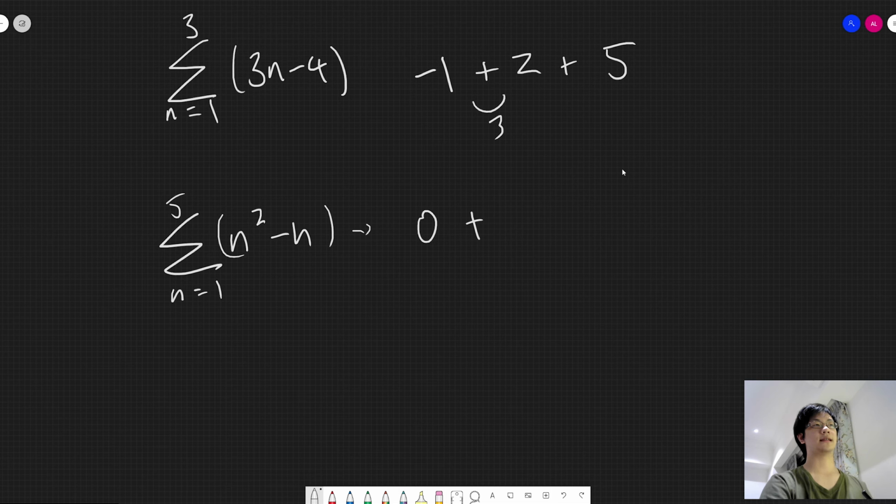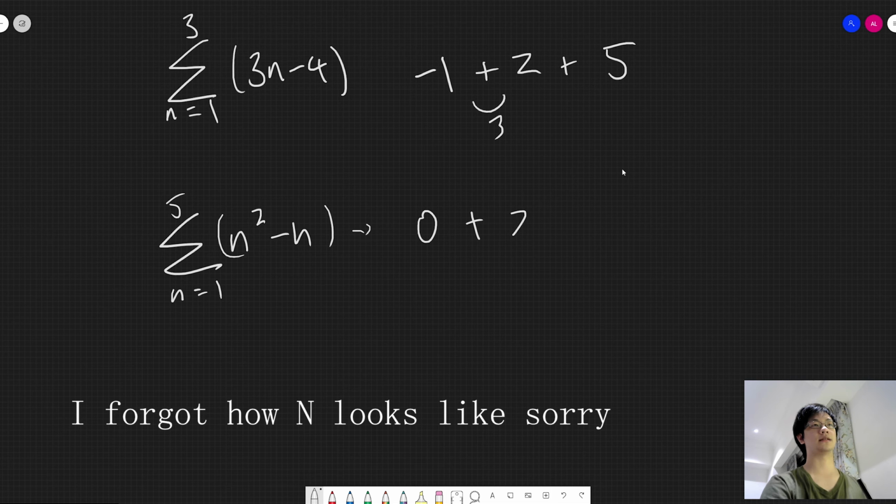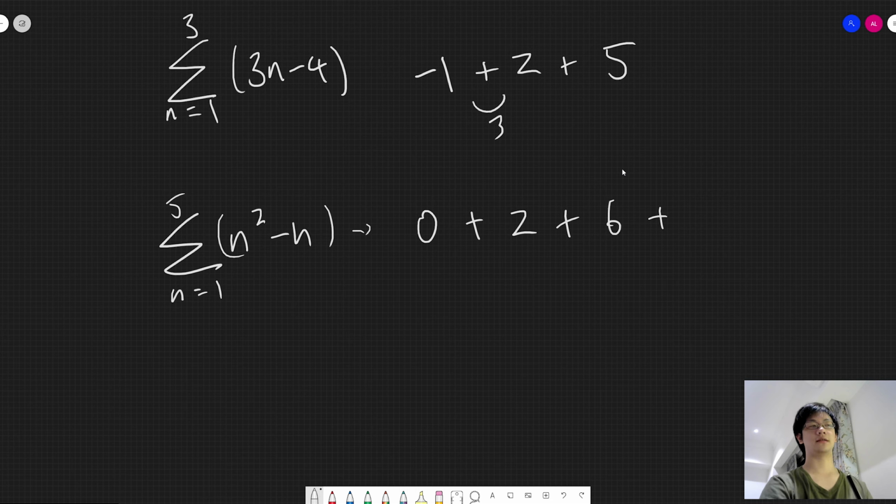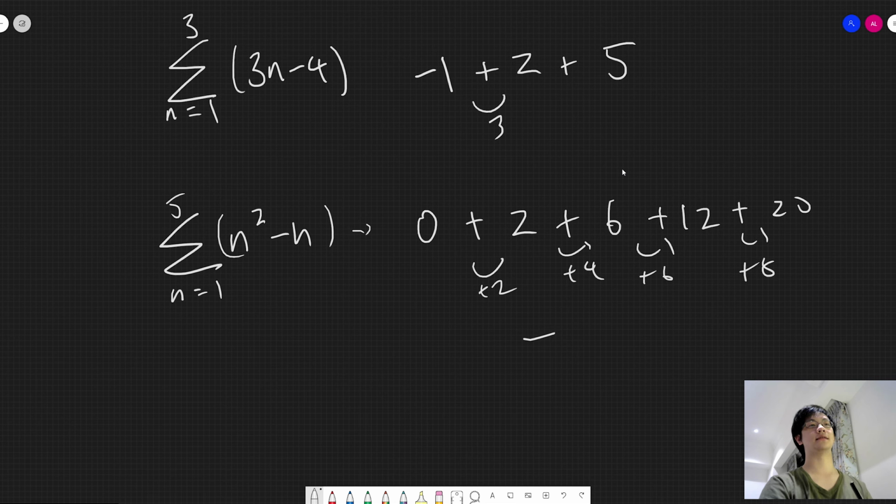On the second term, 2 squared minus 2 is 4 minus 2, so it's 2. 3 squared minus 3 is 6. 4 squared minus 4 is 12. And then 5 squared minus 5 is 20, right? The differences are plus 2, plus 4, plus 6, plus 8, so this is not an arithmetic sequence.